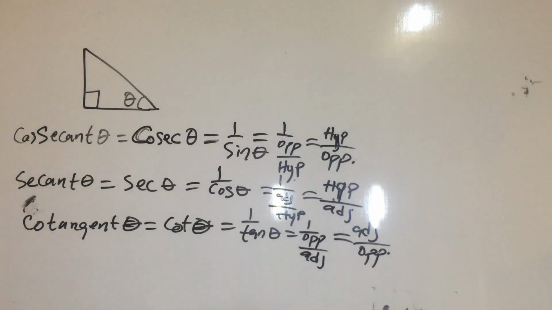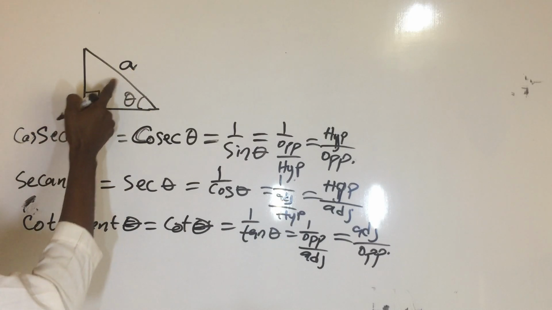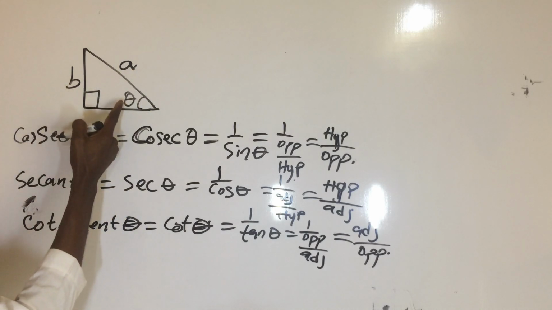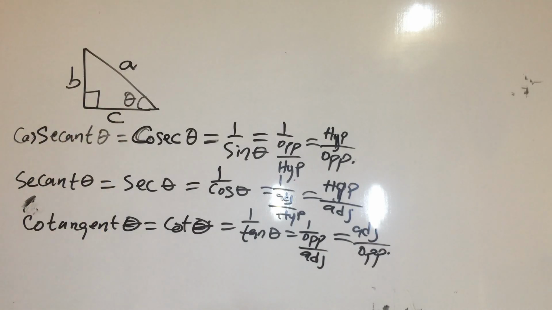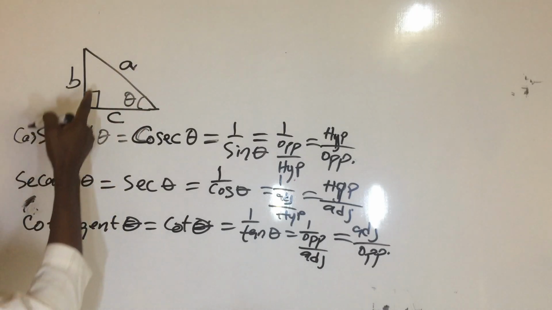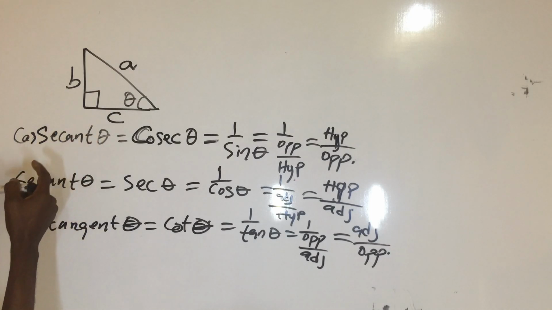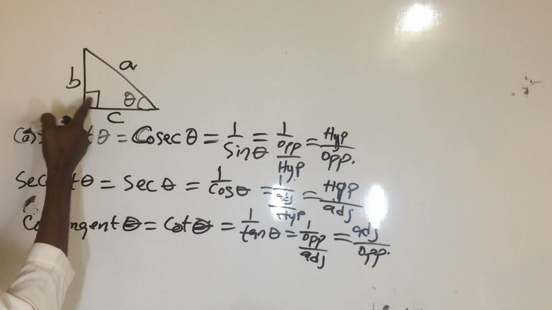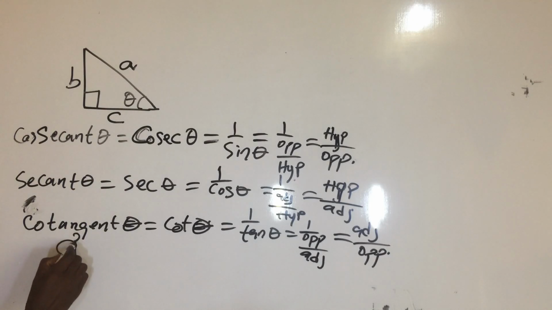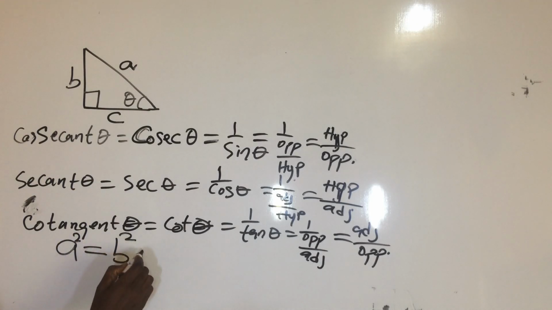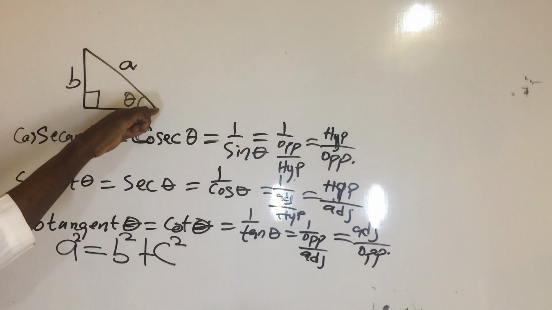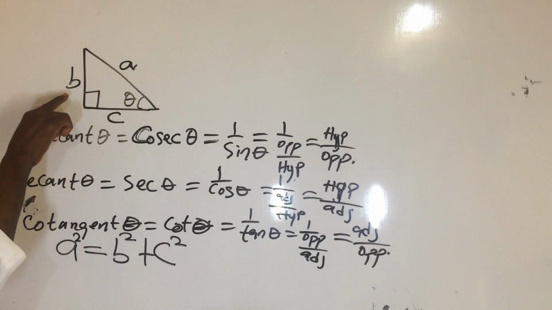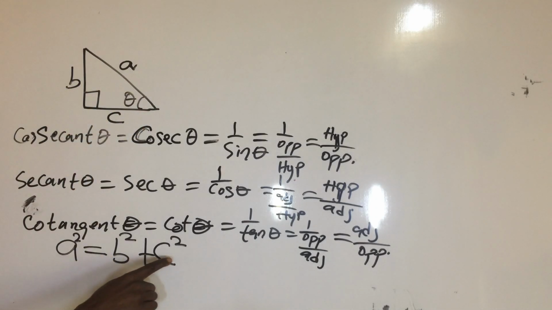The Pythagoras theorem says that if the hypotenuse side is A, this side adjacent to the angle is B, and this side opposite to this angle is C, then the side facing the 90 degree angle, squared, equals B squared plus C squared. So A squared equals B squared plus C squared.